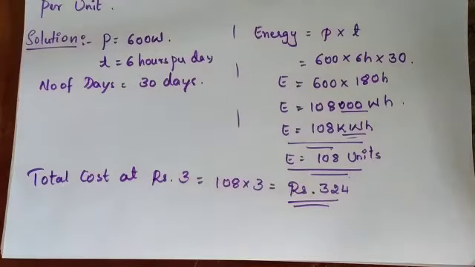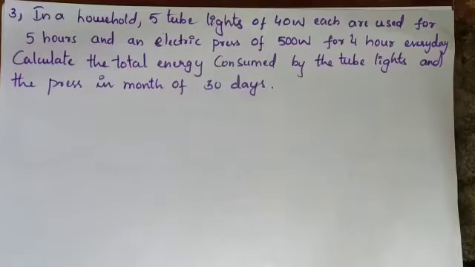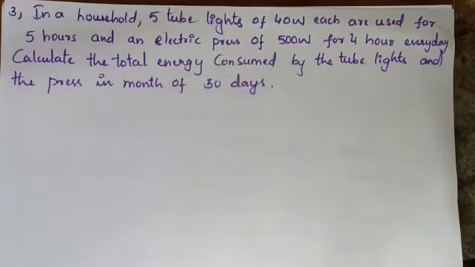So let's go with the third one. The third problem is, in a household, 5 tube lights of 40 watt each are used for 5 hours, and an electric press of 500 watt for 4 hours every day. Calculate the total energy consumed by the tube lights and the press in a month of 30 days.